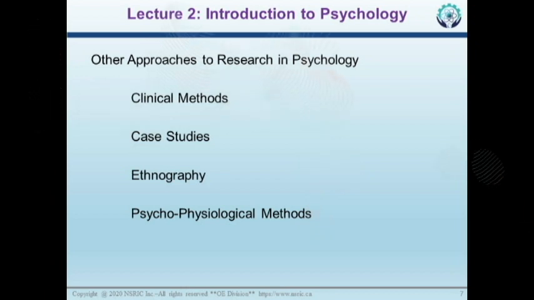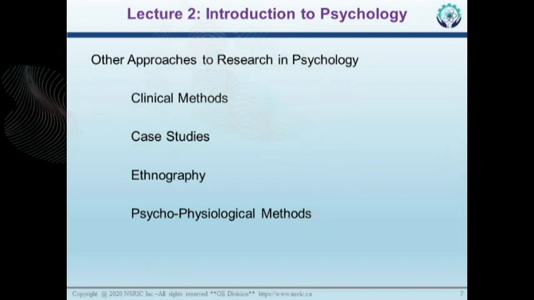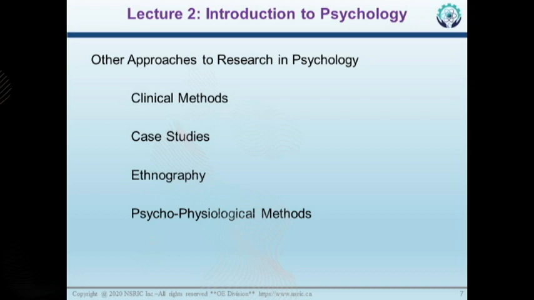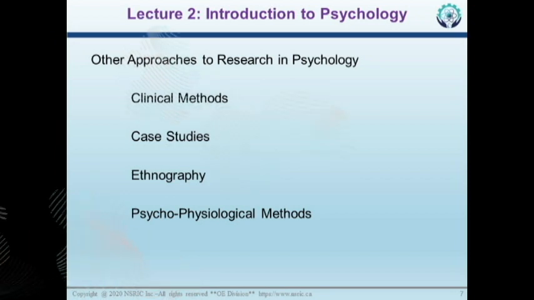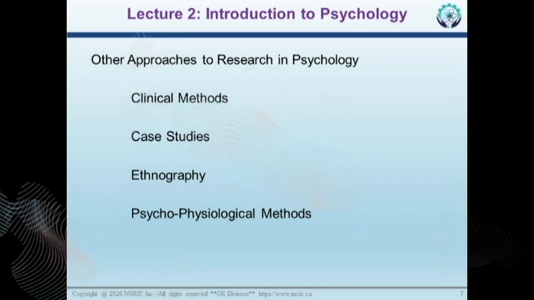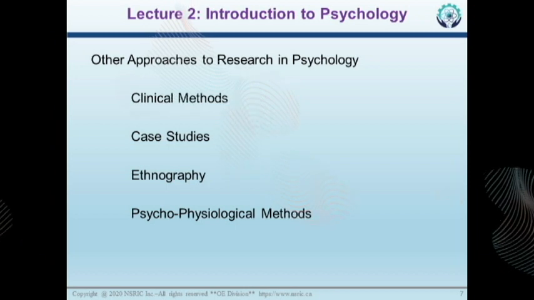Jean Piaget was a famous French researcher who observed children, but he also relied extensively on the clinical method to study children's intellectual development and even children's moral reasoning skills.